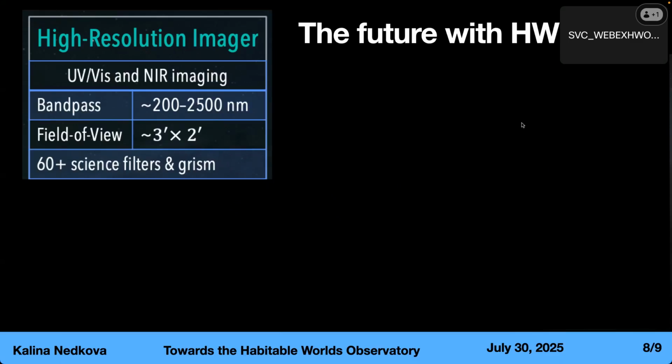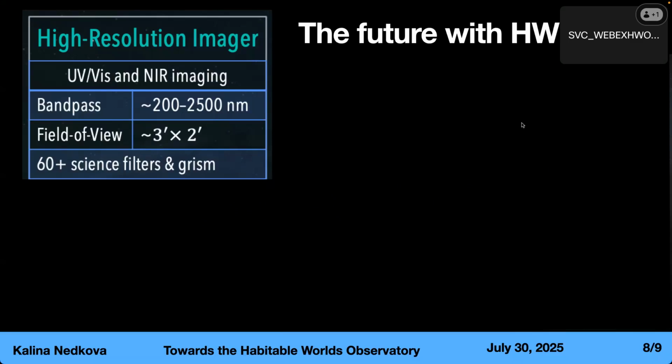And so where can we take this with HWO? I know we've been talking a lot about the resolution that we want for the spectroscopy, but I want to really emphasize how great it would be if we can get this to slightly bluer wavelengths.